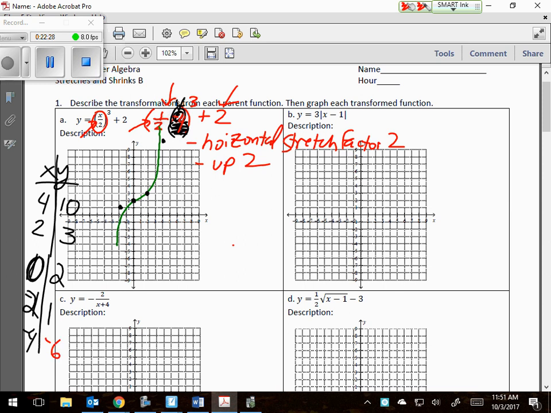So -4, -1, 2, 3, 4, and -6, 1, 2, 3. Yeah, I was way off on that one. So there's my final answer. My green one wasn't tragic, but it was definitely off. And once I got those dots, I can be sure I'm right.